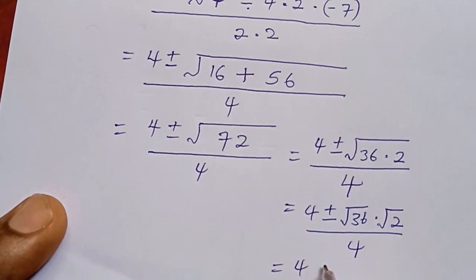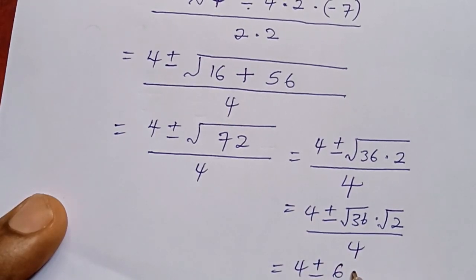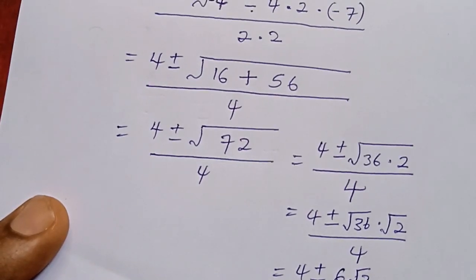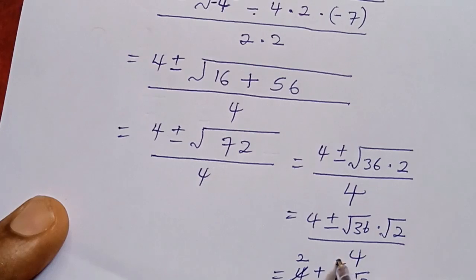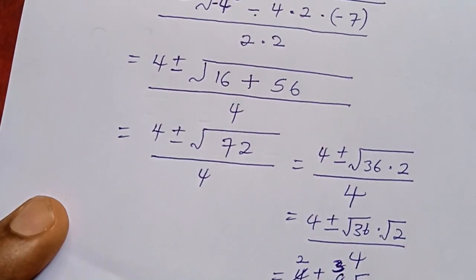That will be equals to 4 plus or minus square root of 36 will be given as 6 square root 2 over 4. So from here, we can simplify this. 4 divided by 2 will give us 2. 4 divided by 2 will give us 2. 6 divided by 2 will give us 3. So this then becomes 2 plus or minus 3 square root of 2 over 2.